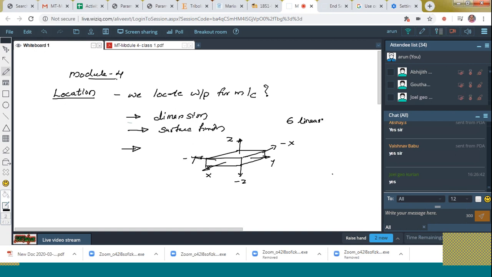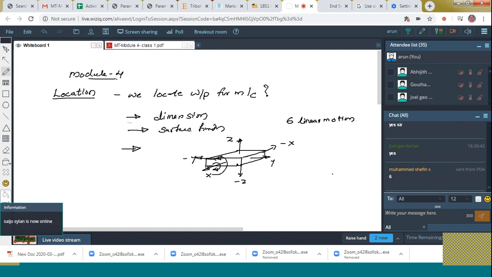Agreed? And then, how many rotary motions are there? For all these axes, there exist rotary motions. Along the x-axis, clockwise as well as anti-clockwise motion is there. So like that, 6 rotary motions are also there. Agreed? So in total, 12 degrees of freedom we have to arrest.